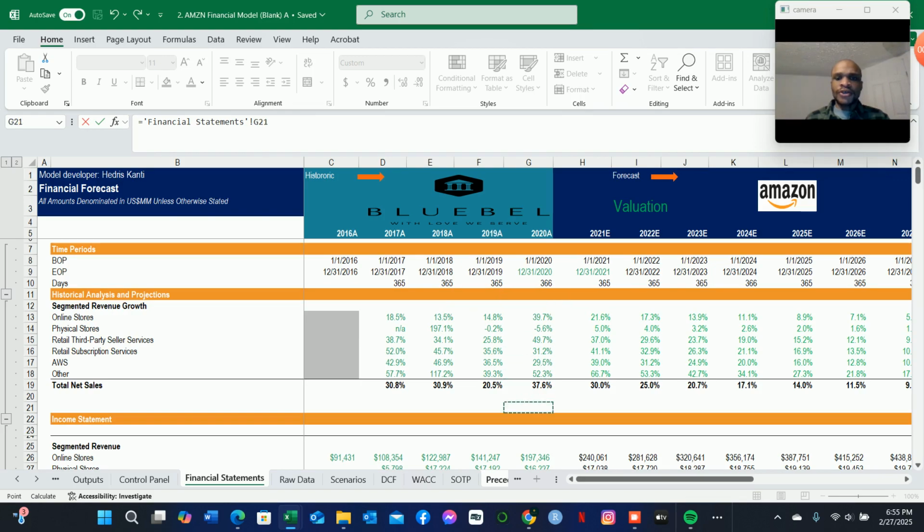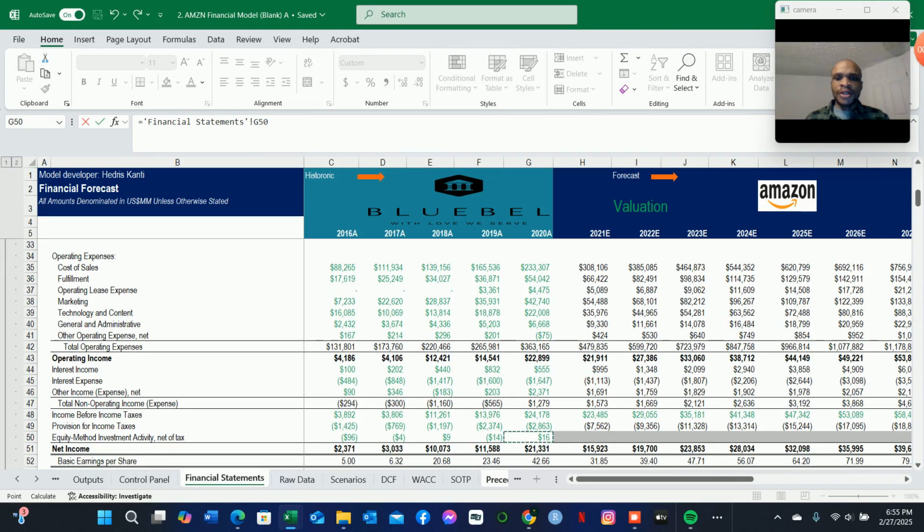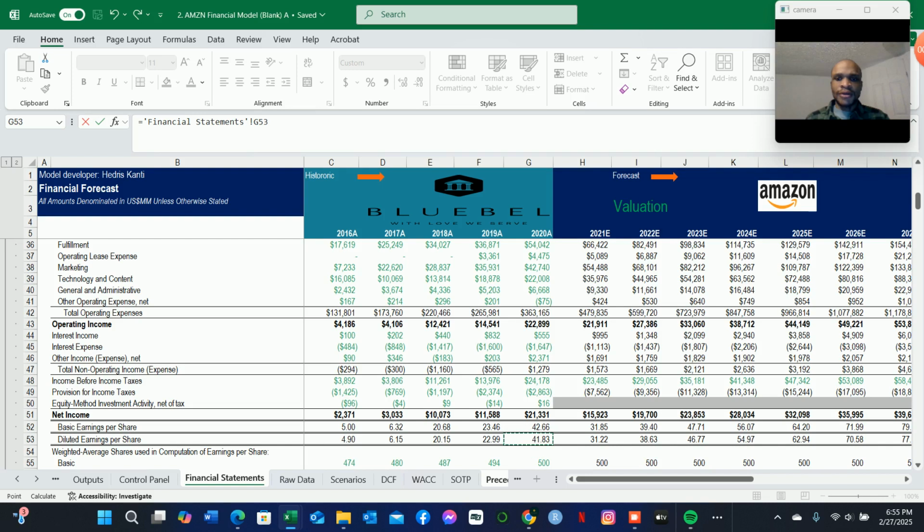And let us just use here the year 2020, the last year of the historic period. That's just like an assumption.